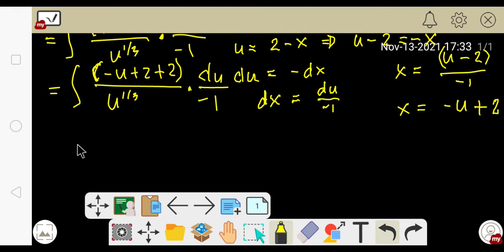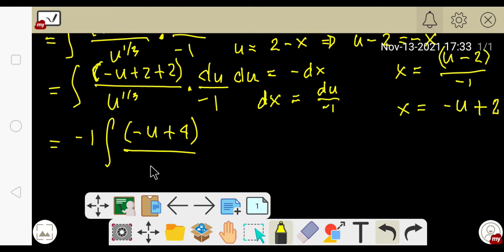Now what I'm going to do next is to simplify this further. We get negative 1 right here, since we have put it outside, this negative 1 right here. So this becomes negative u plus 4 all over u raised to 1/3.